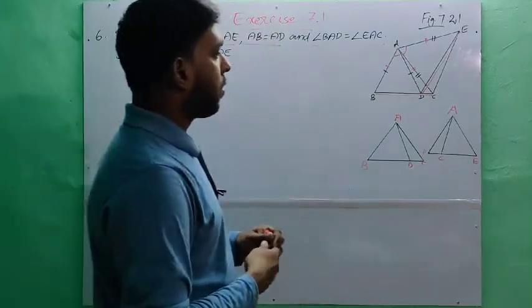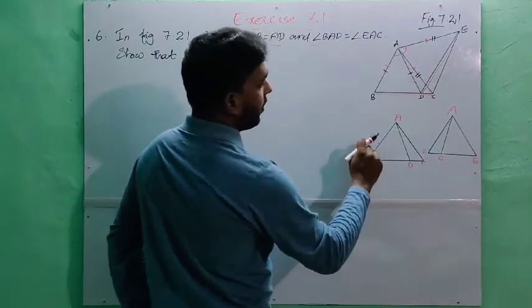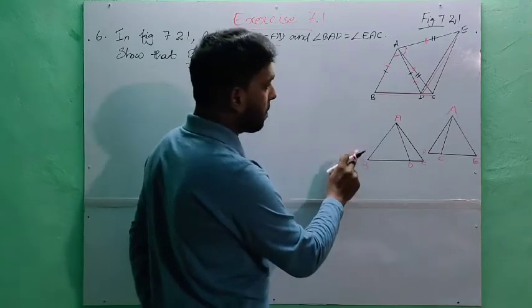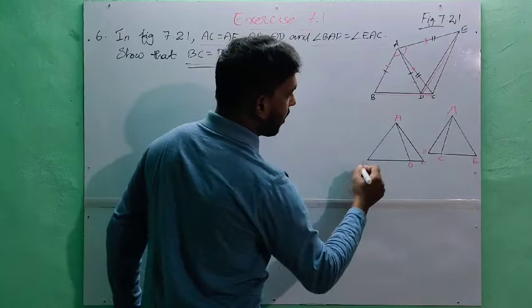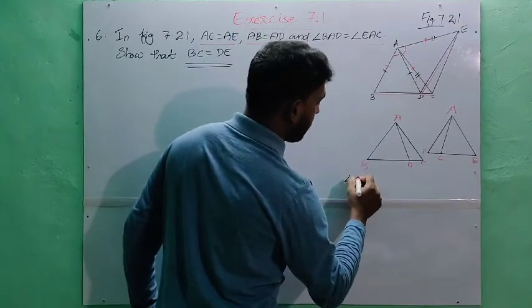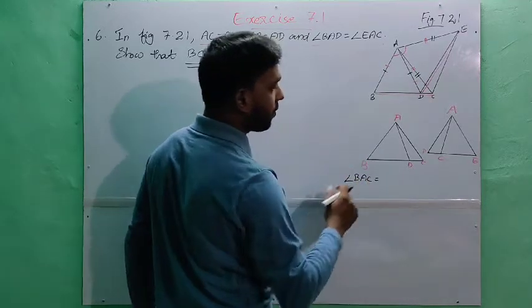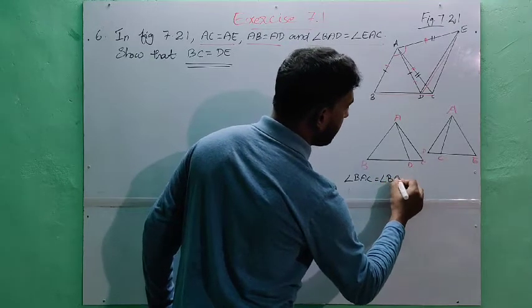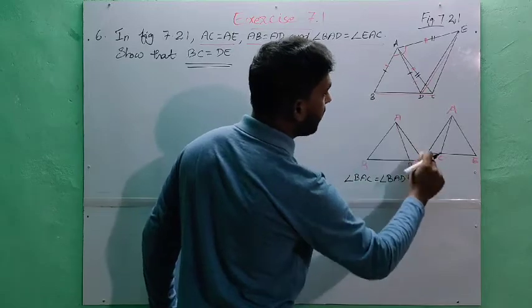So now look at here, this triangle BAC is a combination of two triangles, BAD and DAC. So angle BAC can be written as angle BAD plus angle DAC.